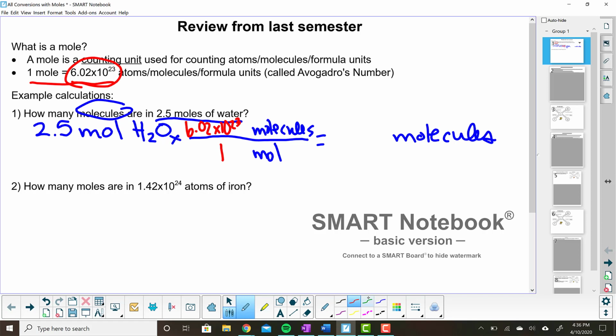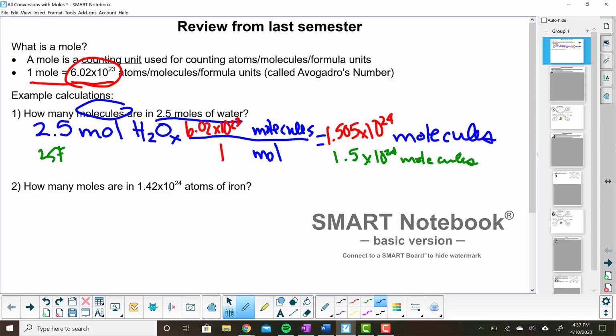So when we get our answer, it's going to be 1.505 times 10 to the 24th molecules. Now I would need to round this to sig figs, so my final answer will be 1.5 times 10 to the 24th molecules.